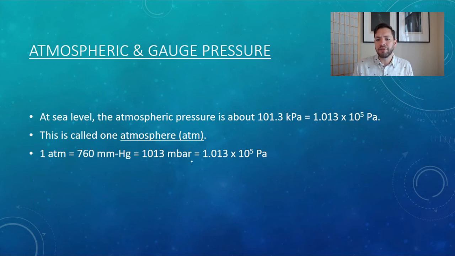Later, we're going to look at some hurricane data, and they're going to be measuring their pressure in millibars. Generally, in this class, we're going to use pascals to measure pressure. You will never have to memorize these conversion factors, but you may have to convert back and forth using that. So anyway, that's just for your reference.